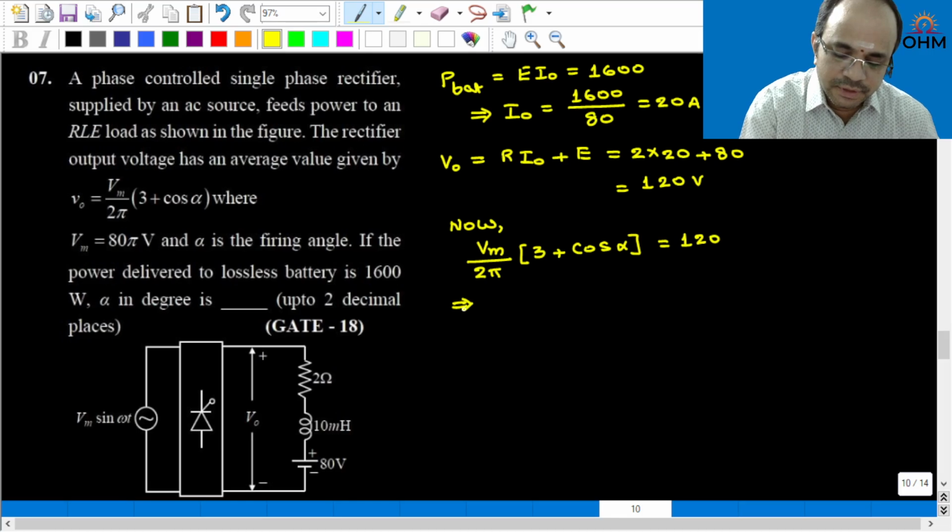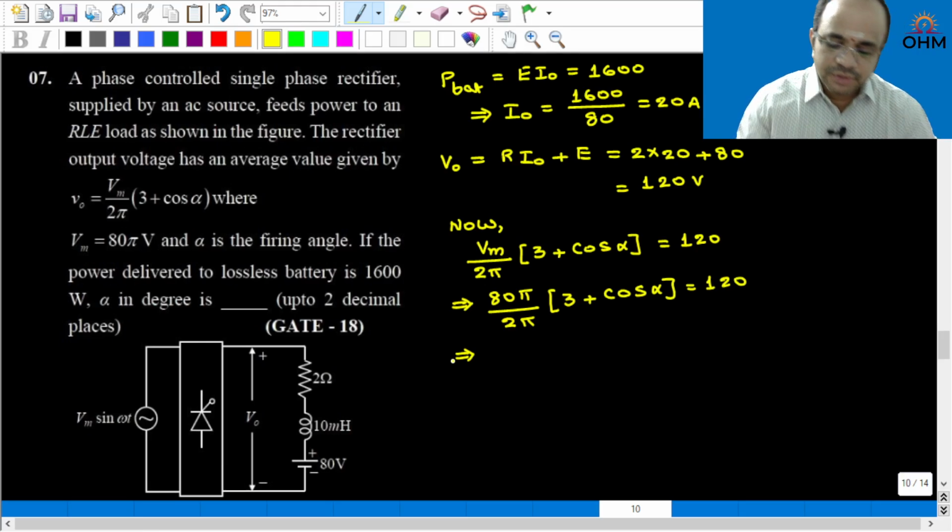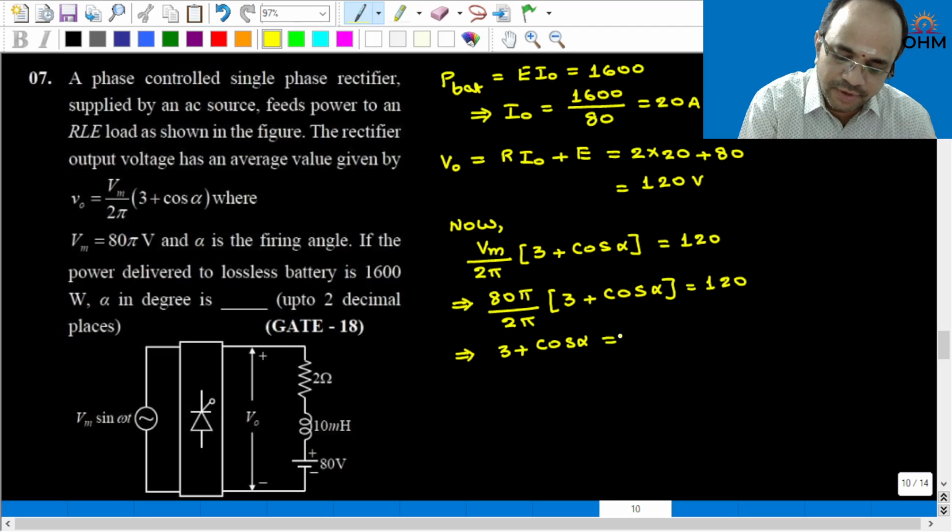Okay, so but what is Vm given? 80 into pi divided by 2 pi into 3 plus cos alpha is equal to 120, right? So left side it will be 4 times, pi will cancel here, therefore 3 plus cos alpha is equal to 120 divided by 4, it will give you 30.